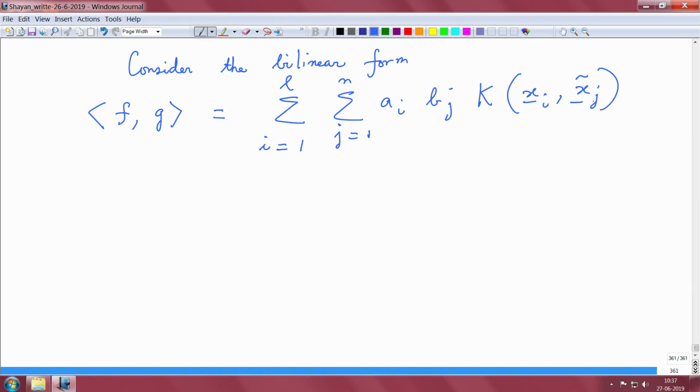This is the bilinear form by definition, and you can write it as a transpose times some Gram matrix K times this vector b. So this is the Gram matrix formed from this kernel, or you can also call this the kernel matrix.